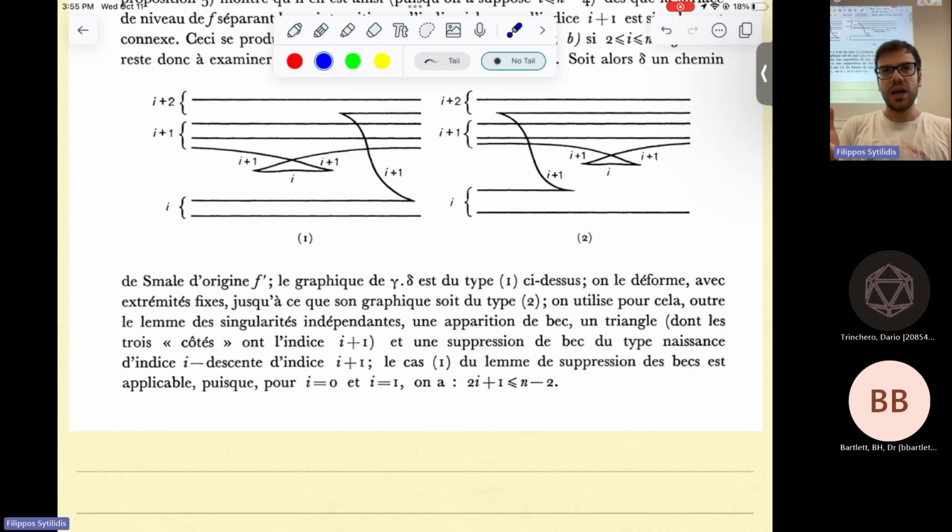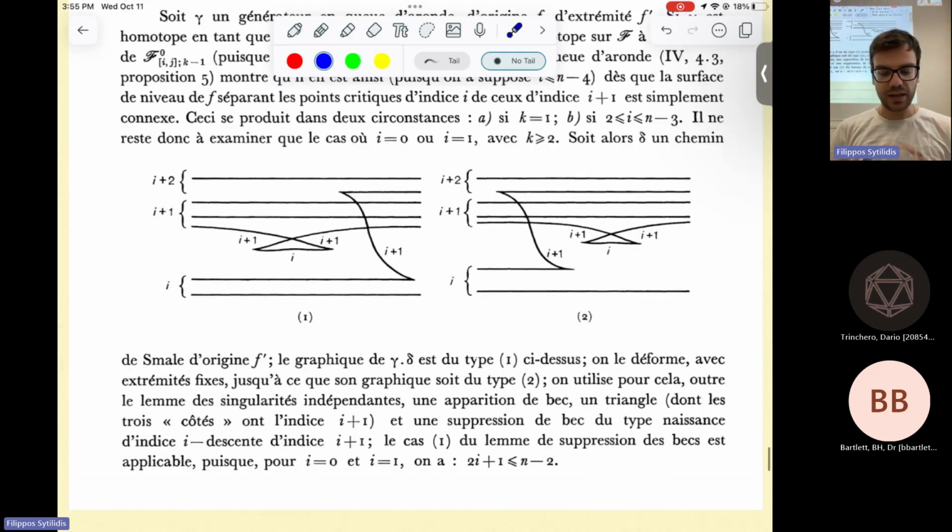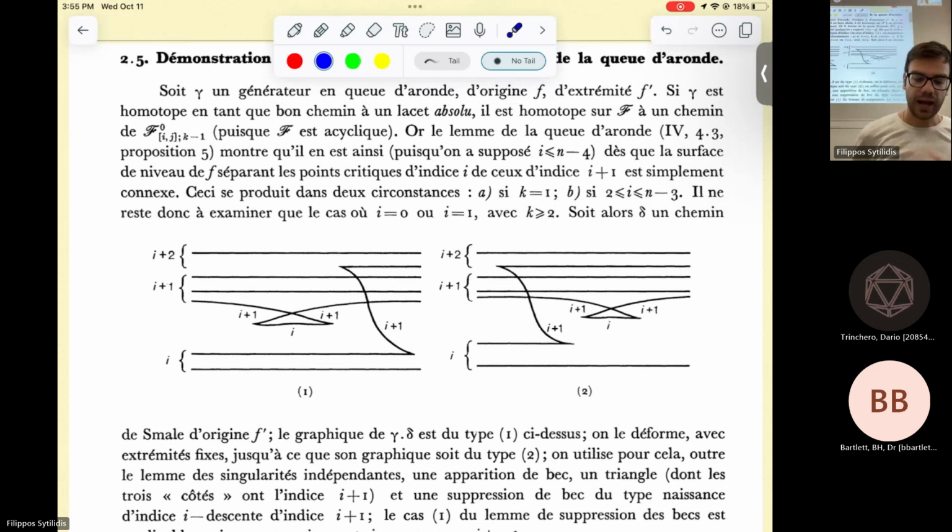And then the way we will deal with the 0 and the 1 case is, if i is 0 or 1, then we are going to introduce a small path again, and then we are going to bring the small path to the other side by a series of swallowtails and Reidemeister 3 moves to get to a picture like that.